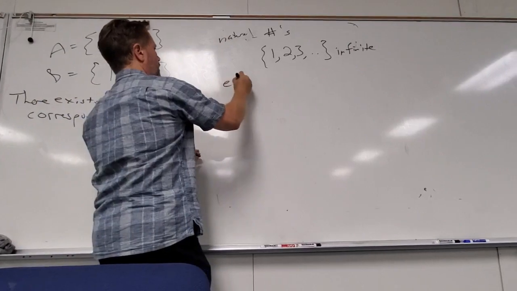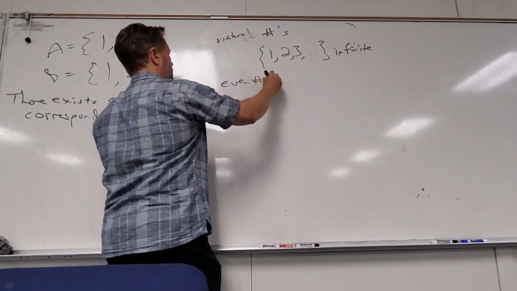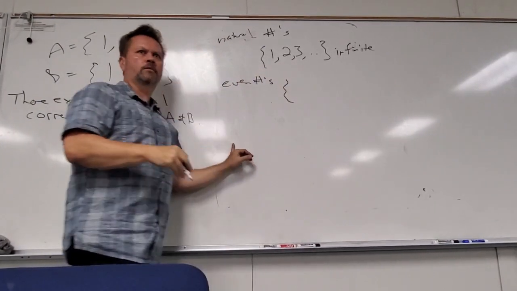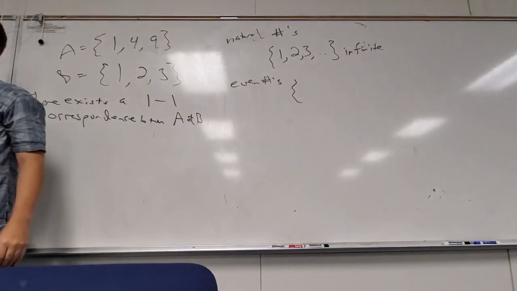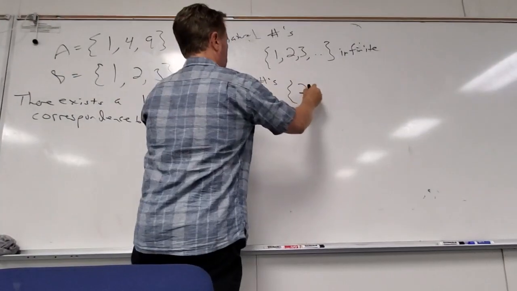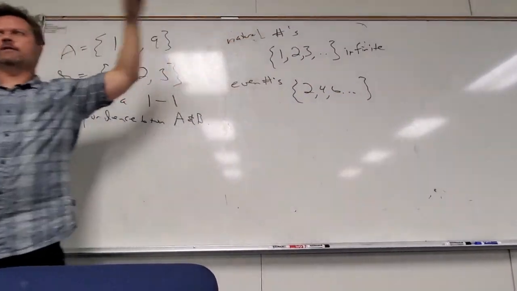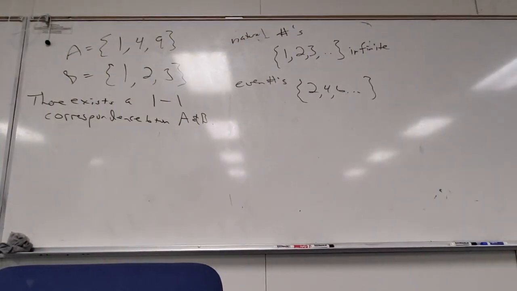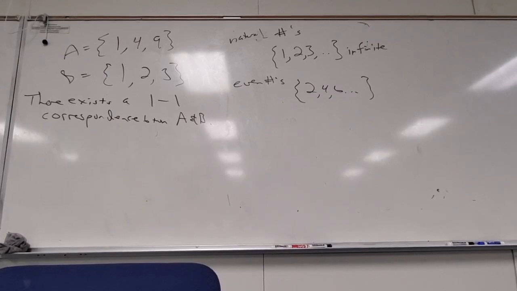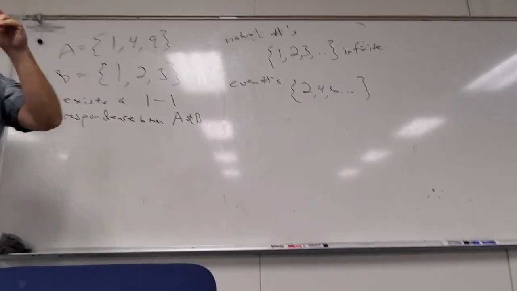How do you describe the even numbers, the set of all even numbers? 2, 4, 6, and then dot, dot, dot. Anybody have an idea? Are either one of those sets bigger than the other one? Do you see why somebody might think so?